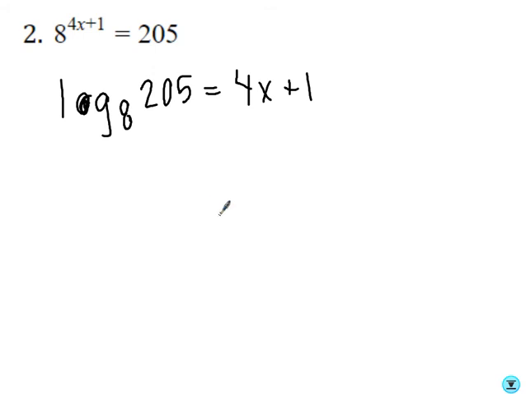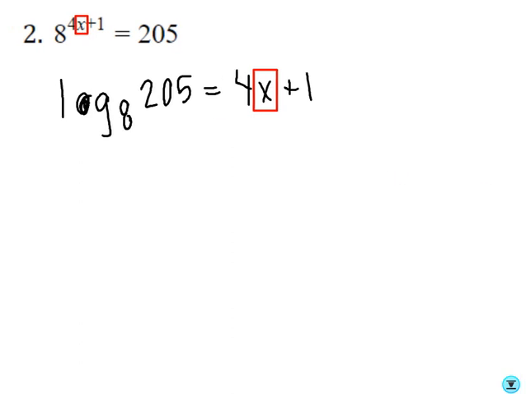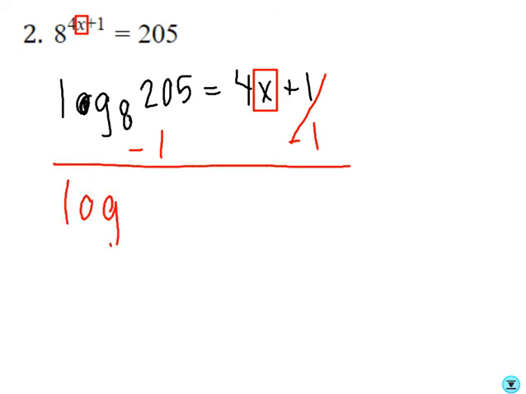Now, our ultimate goal is still always the same, guys. I want to get this x by itself. How we can do that is keep going the same way we have been. So subtract 1 from log base 8 of 205.